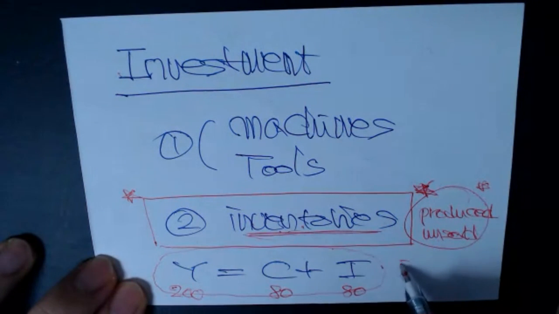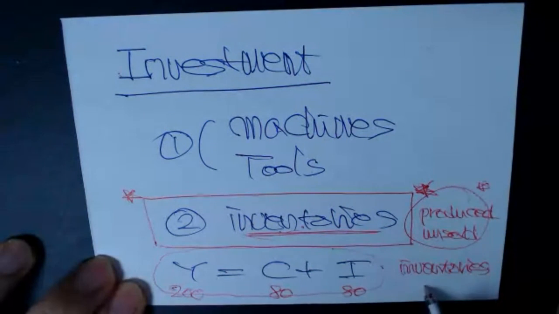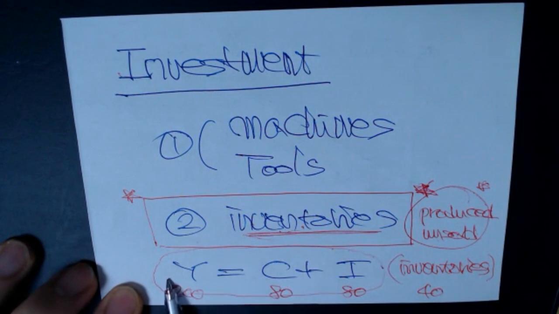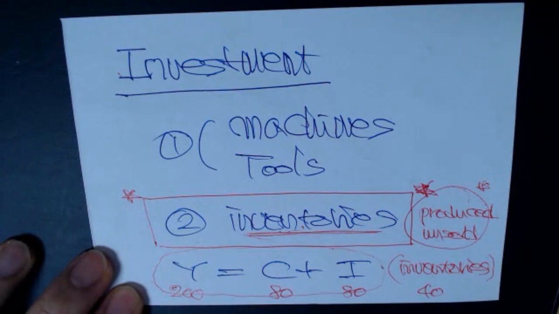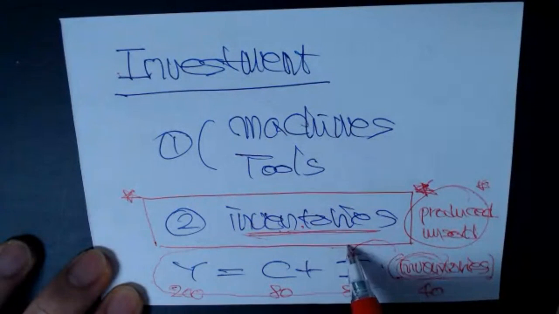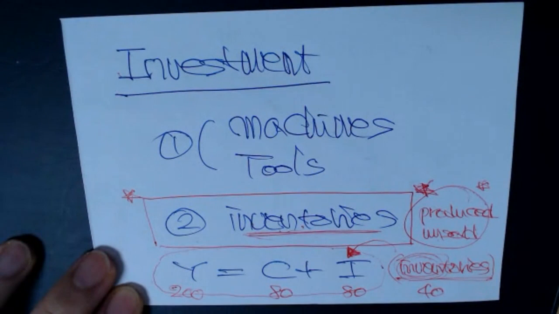So there are left over inventories of 40, right? So without these inventories, left hand and right hand side cannot be the same. So they say that these inventories, let's put under the category of investment. So this is how we deal with the inventories.